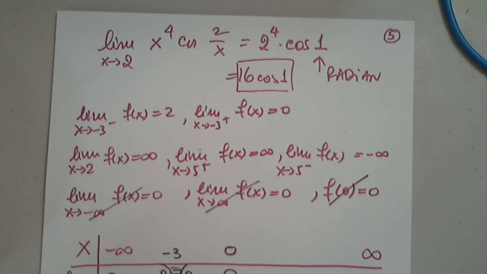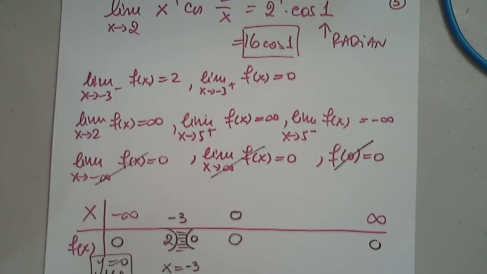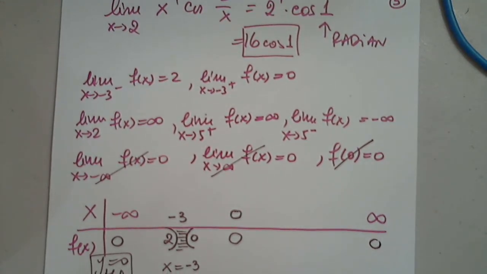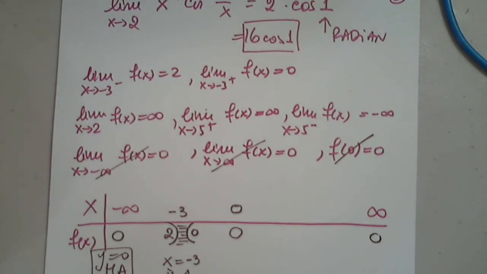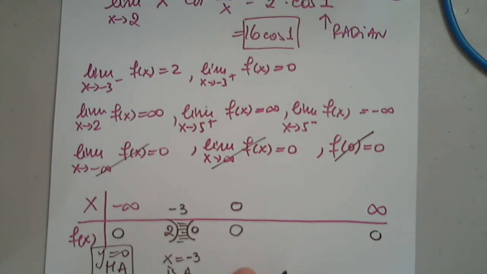I decided not to. It's up to you. But that means that x equals -3 is a hole. Not a hole, a jump, sorry.